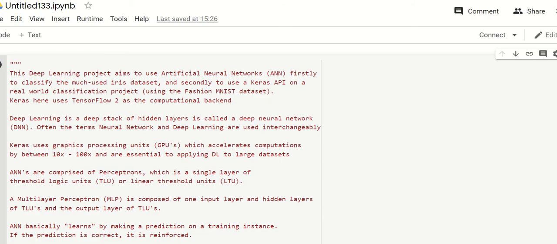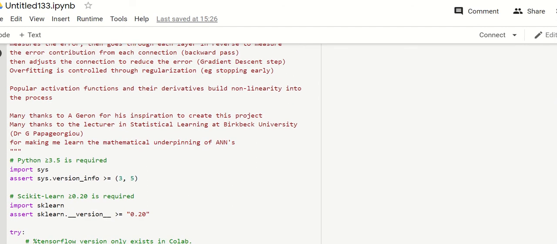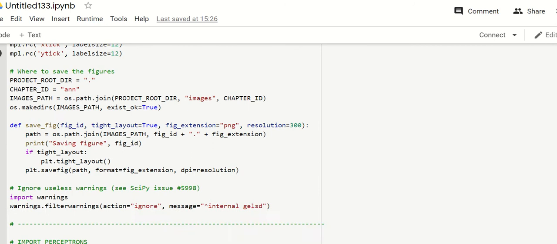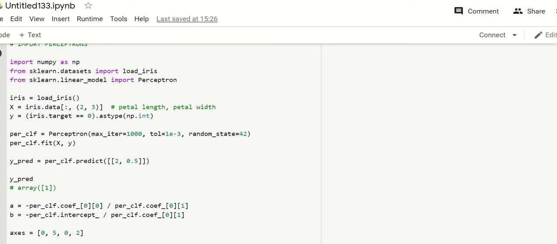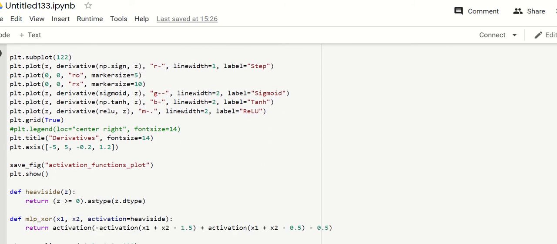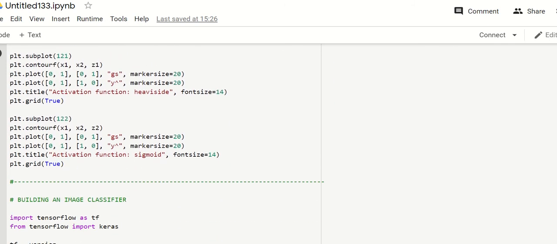So what I was trying to do was to use neural networks and deep learning to create quite a sophisticated model, first of all on the iris dataset and then on a real world dataset. So I imported the libraries, I downloaded the data, imported the perceptrons, built an image classifier.